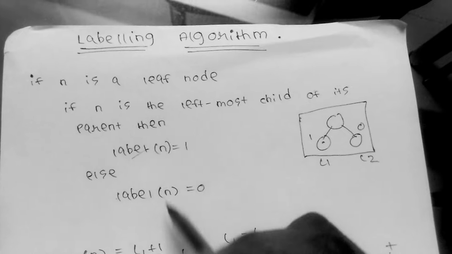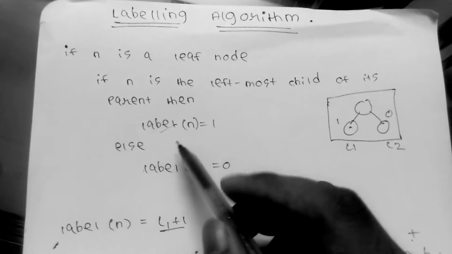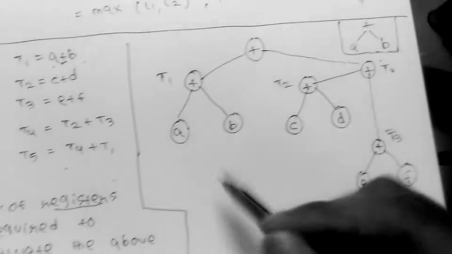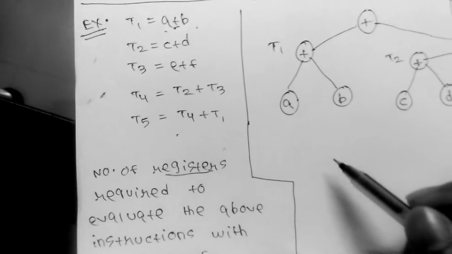I think you are a little bit confused, so I will show you. If n is the leftmost child, assign label n equal to 1, else label n equal to 0. Okay, so this will be applied here.